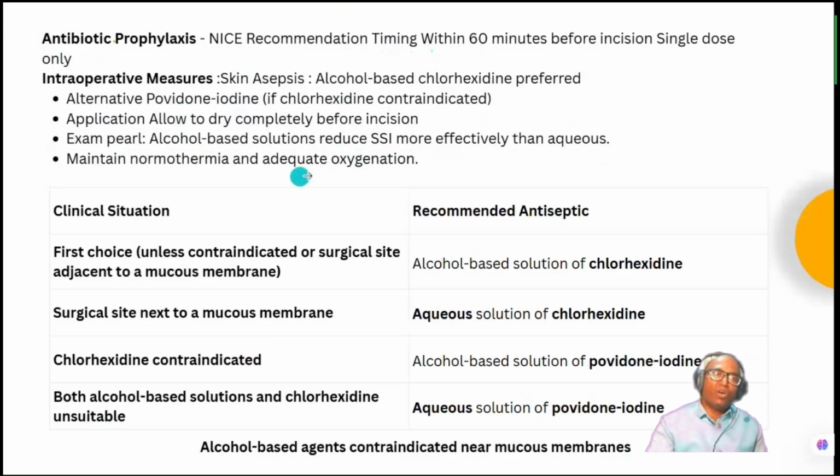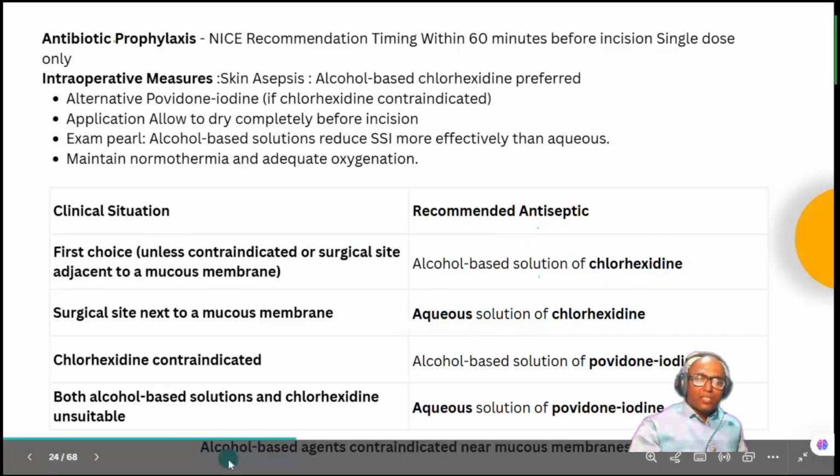Maintain normothermia and adequate oxygenation during the surgery. These are the intraoperative precautions which are to be taken. First choice, unless contraindicated: you will choose an alcohol-based solution of chlorhexidine, but alcohol-based agents are contraindicated near the mucous membrane.